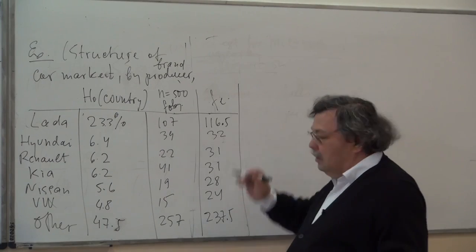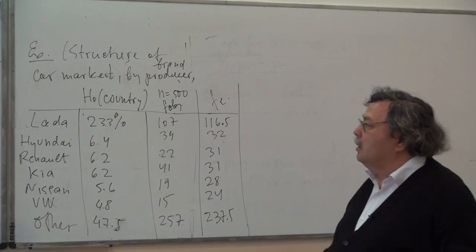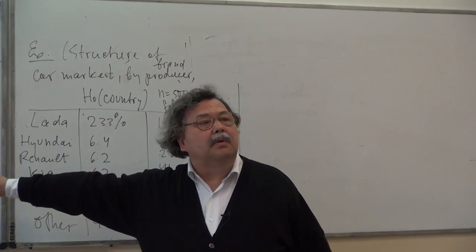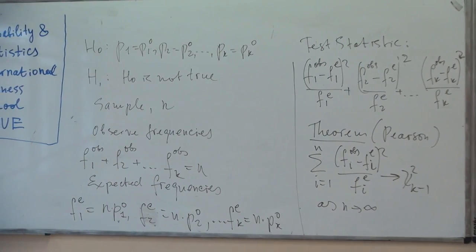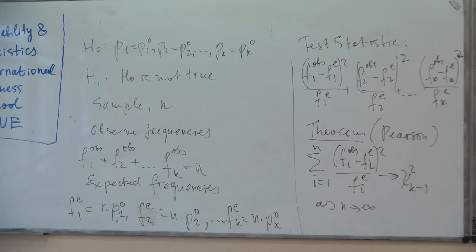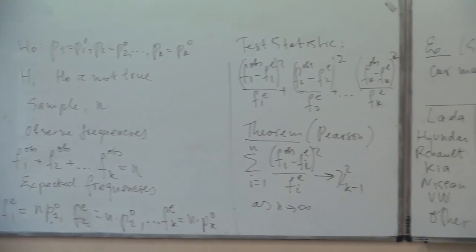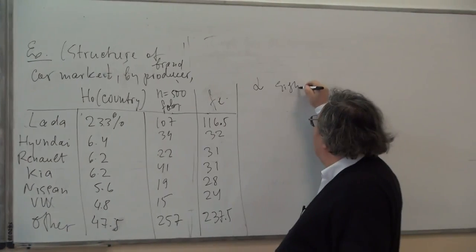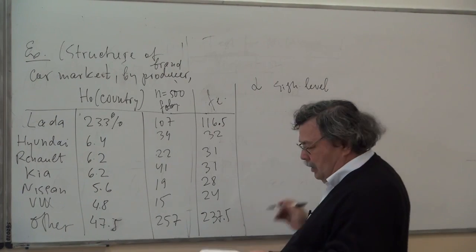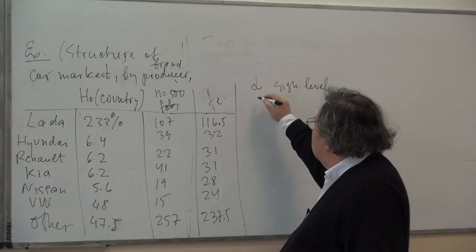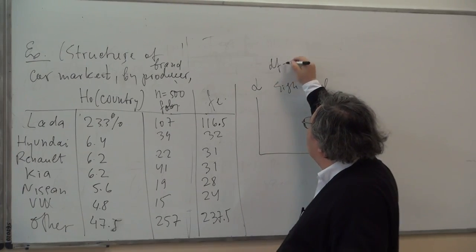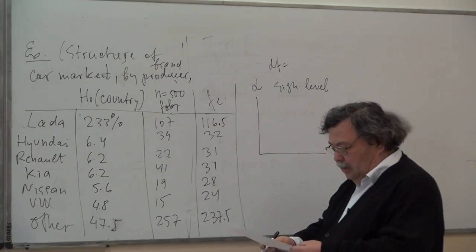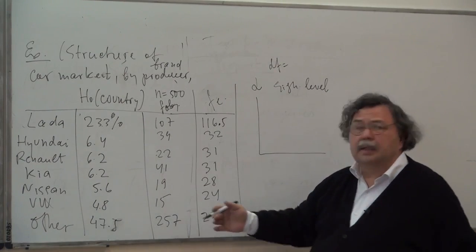All right, and now we just follow the same procedure. The formula is here. I'm not going to write it again. But what I am going to write is this. We postulate some value of alpha, which is the significance level, okay? And then df equals the number of categories minus 1.